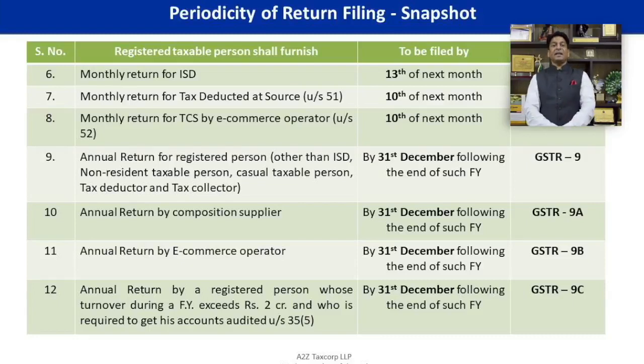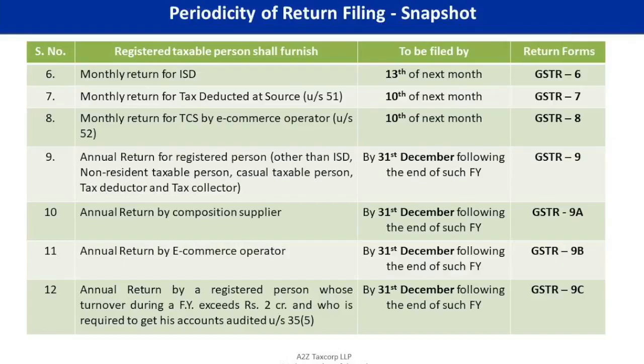Having said that, now we have to understand who all are supposed to file the initial 3 returns: GSTR-1, GSTR-2 and GSTR-3. GSTR-1 outward supply, GSTR-2 inward supply, GSTR-3 consolidated return.